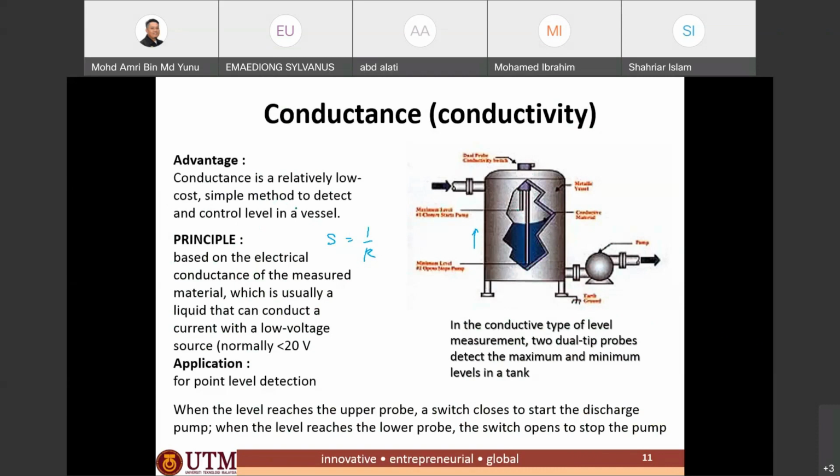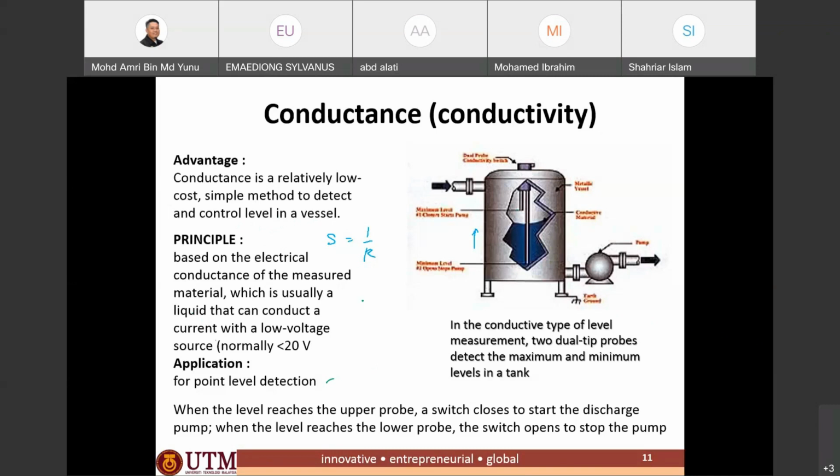This is a relatively low cost and simple method. So it's based on the electric conductance. So basically, liquid can conduct current with a low voltage source. Okay, this is for point detection.